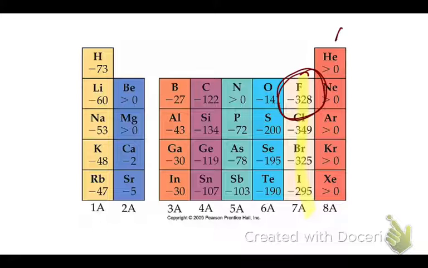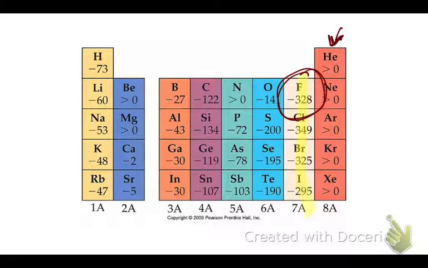Now, why is that value very, very positive for noble gases? Noble gases do not want to do anything. They don't want to gain electrons or lose electrons. So it's going to cost a lot of energy to disturb their stability, whether by losing or gaining electrons.